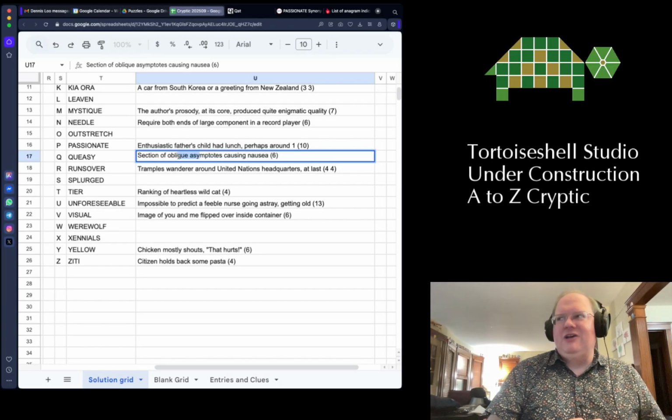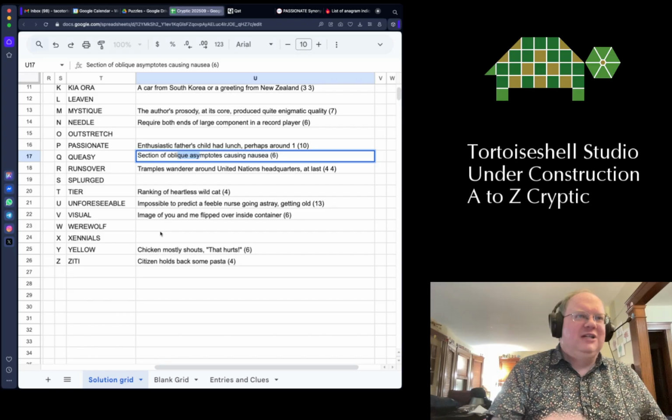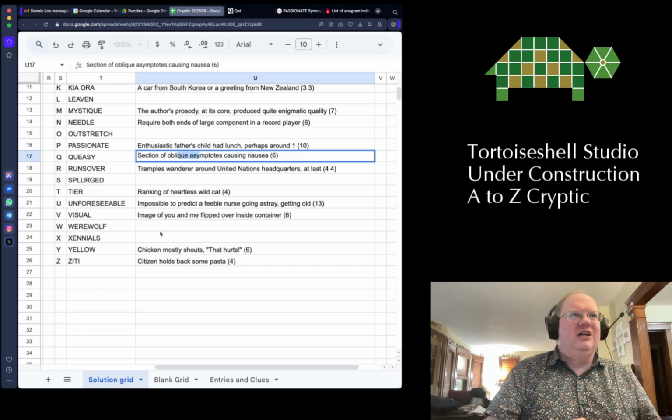I suppose that's very pessimistic of me. But I don't know. I guess maybe you are seeing the graph and getting a little bit nauseated.